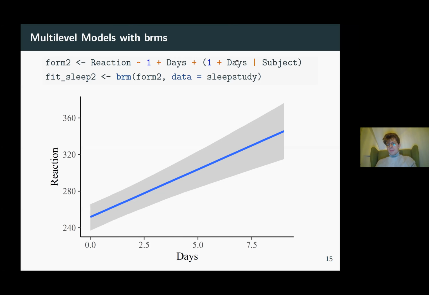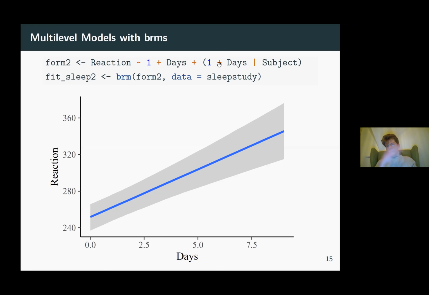So 1 is the intercept, days is the slope of days, by the grouping factor, which is subject, by this pipe, vertical dash thingy. So the whole formula is basically, we are predicting reaction time using a global intercept 1 plus a slope of days, also global, plus some subject-specific intercept and a subject-specific slope of days.